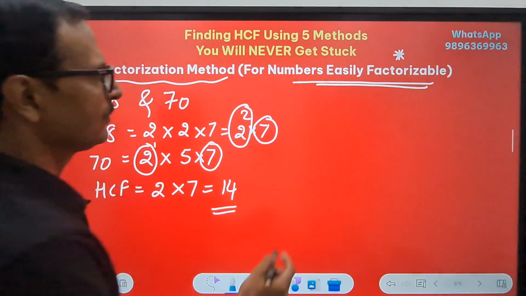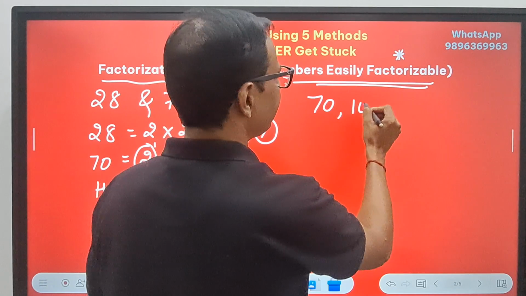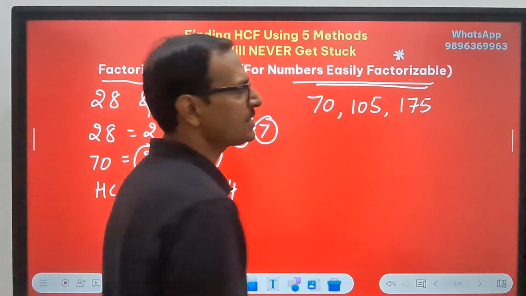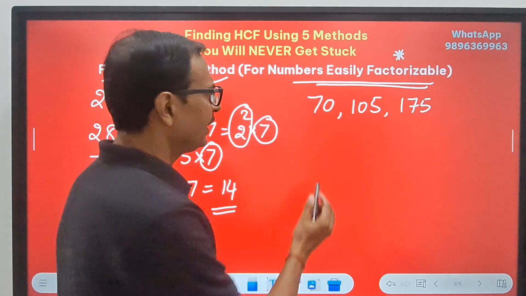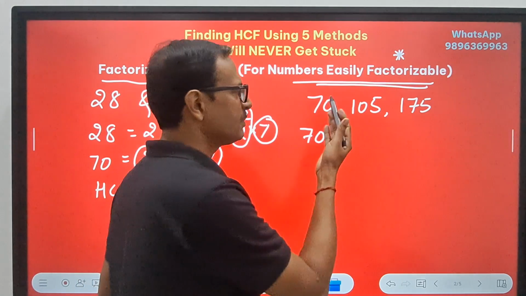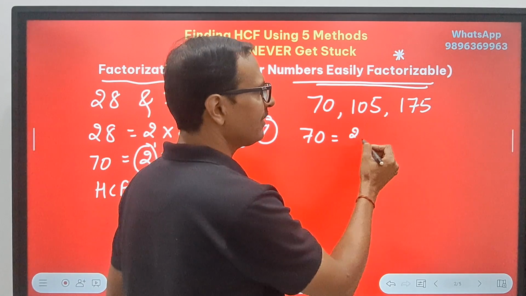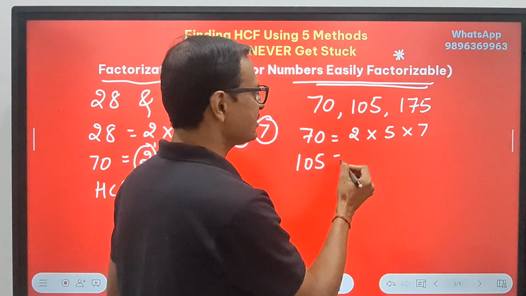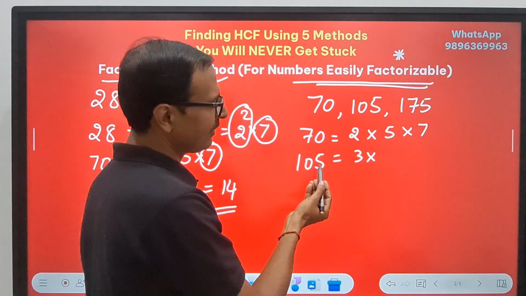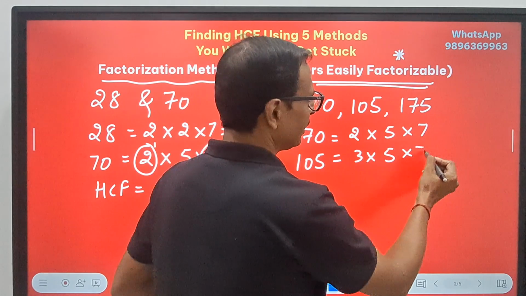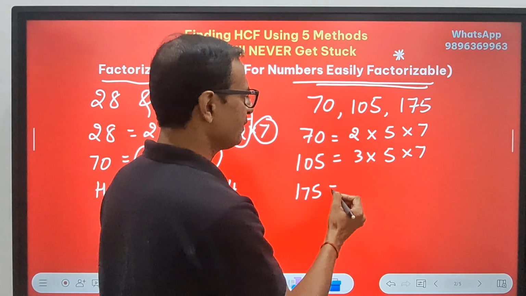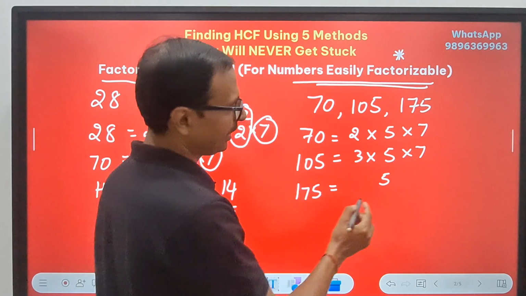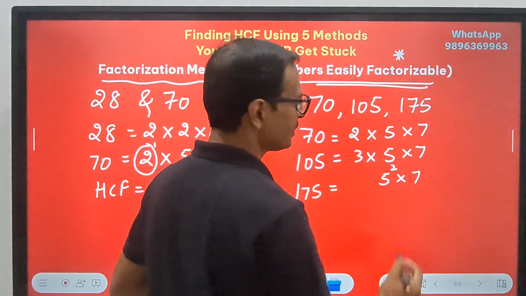Let's take 3 numbers. Say 70, 105 and one more number, I have written it here, 175. For the factors of 70, 70 is divisible by 2, so 2 times 35, and 35 is 5 times 7. 105 is divisible by 3, so 35 again, so 5 times 7. 175 is divisible by 5, so I get 35 again, and so this is 5 square times 7.